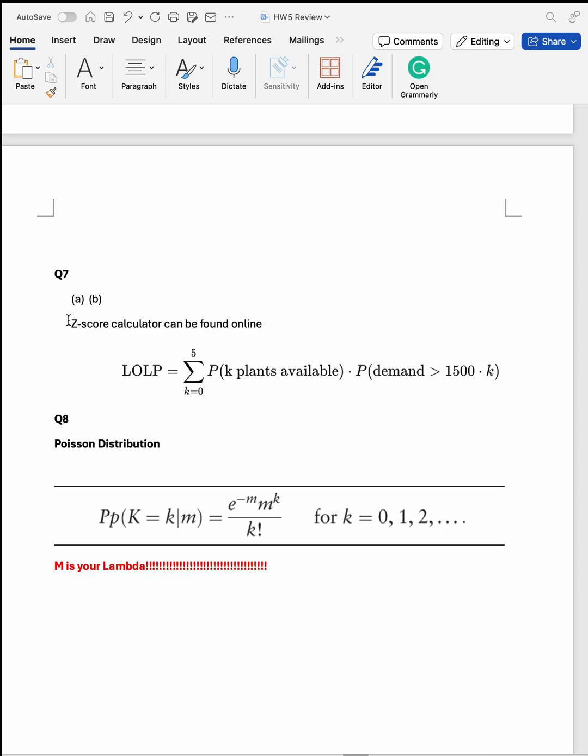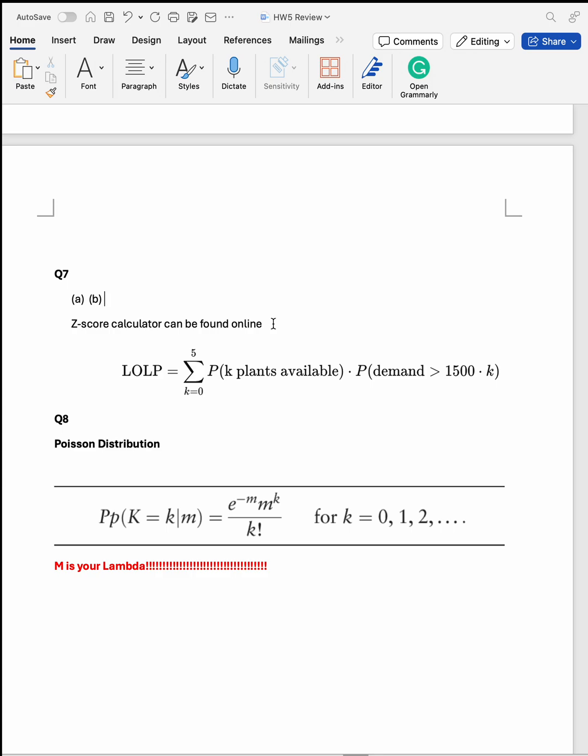You can definitely Google a z-score calculator to use for the probabilities, because if I remember correctly, you will have to use a normal distribution.